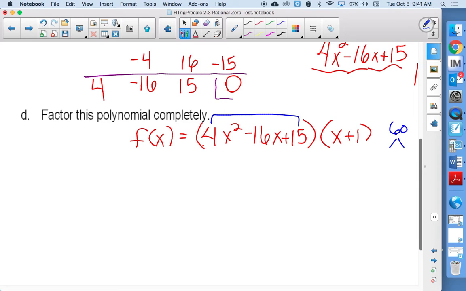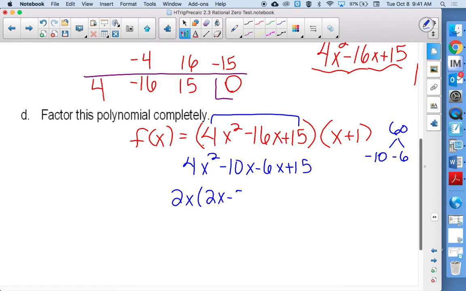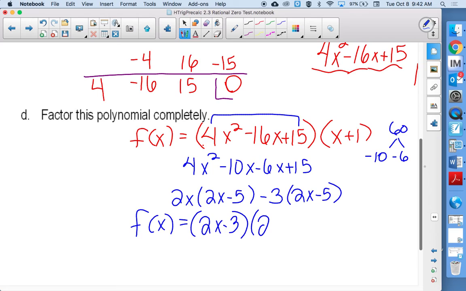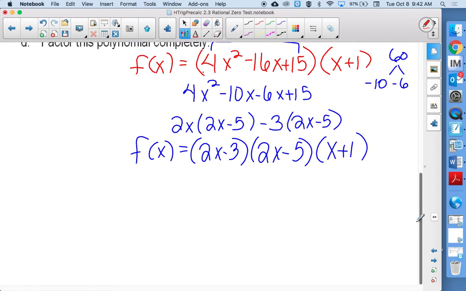Two numbers that multiply to be 60, but combine to be negative 16. Hannah. Nice, negative 10, negative 6. Factor out what they have in common. And then I have 2x minus 3, 2x minus 5, and then that original one I turned into a factor because we used a negative 1 to divide.